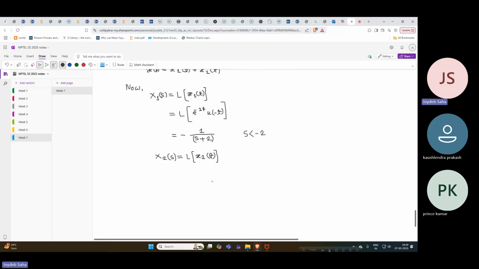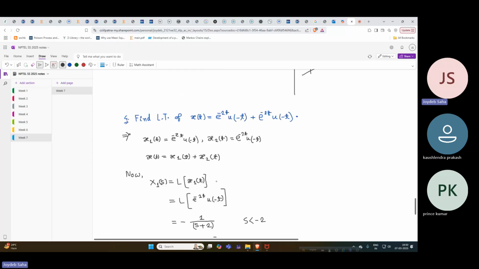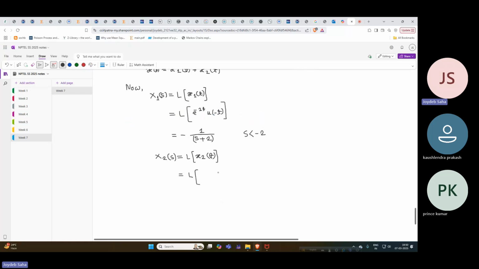So capital X2(s) will be the Laplace transform of x2(t), that is e to the power minus 3t u of minus t.